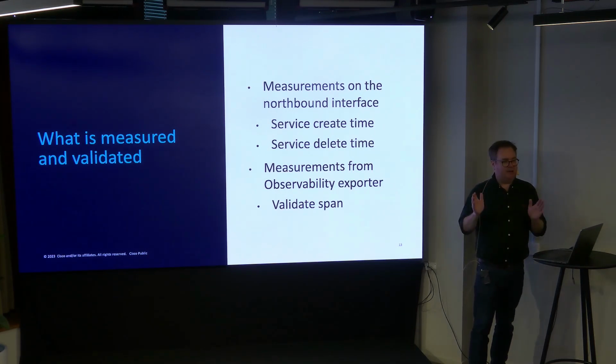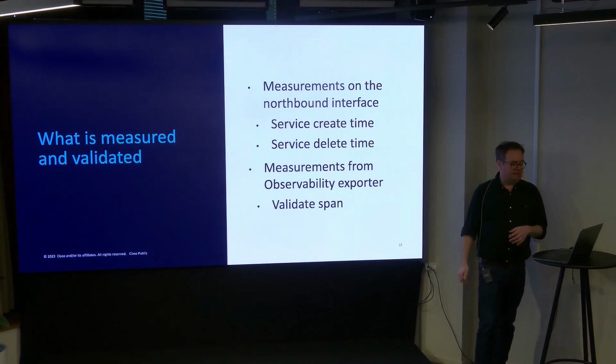That is just measuring how long it takes from, in our test case, the first RESTconf call to when we get the last plan state change notification. And then we can measure the service create time for all the services. We can also measure the time it takes for each service to finish. And then we can have the same for service delete.